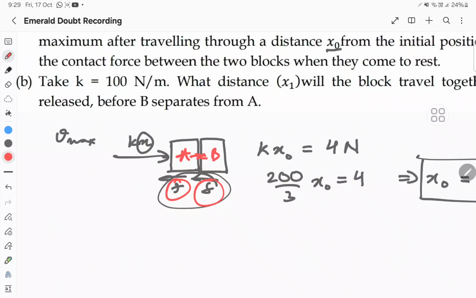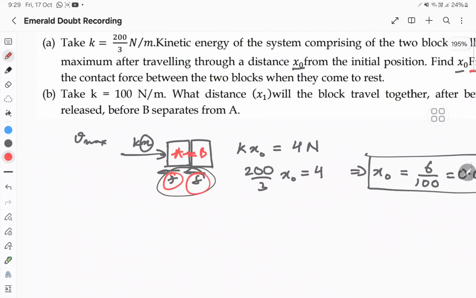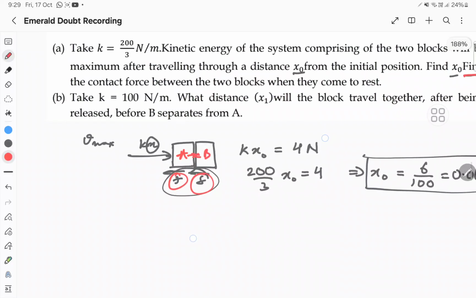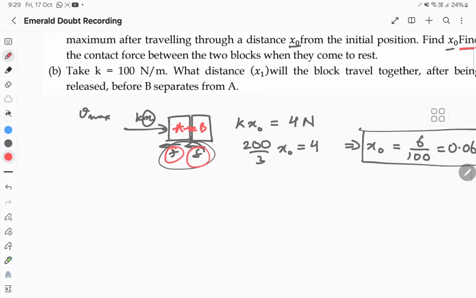Both are having the same acceleration and velocity. These kinds of questions are very easily done by analyzing the energy.